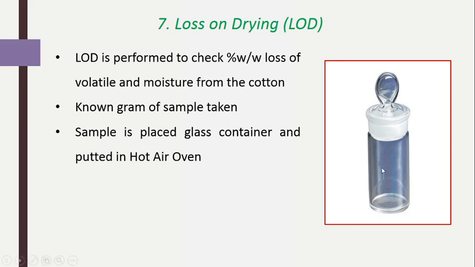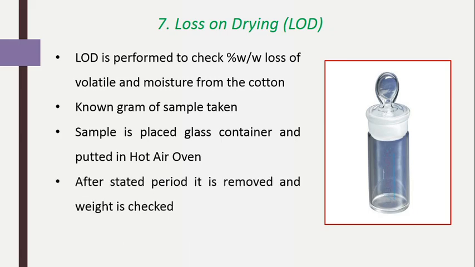So the sample is placed, after that the weight is taken, and after noting the weight, this container is put in the hot air oven for evaporation. After the stated period, this glass container is removed.